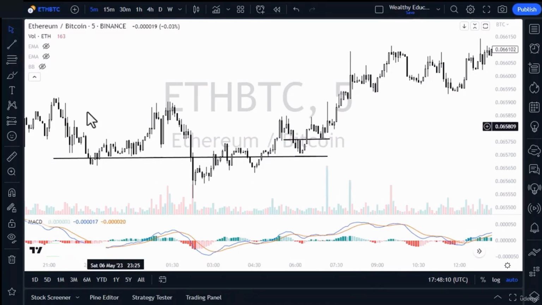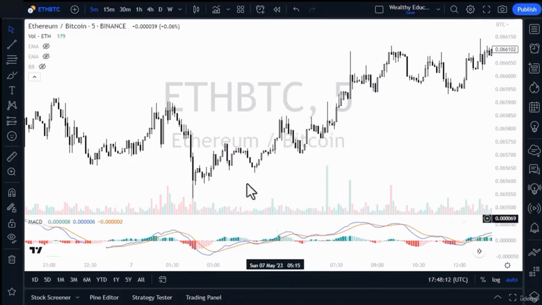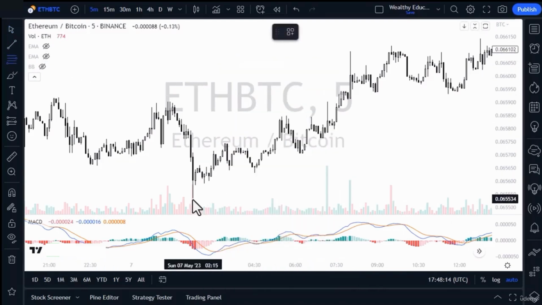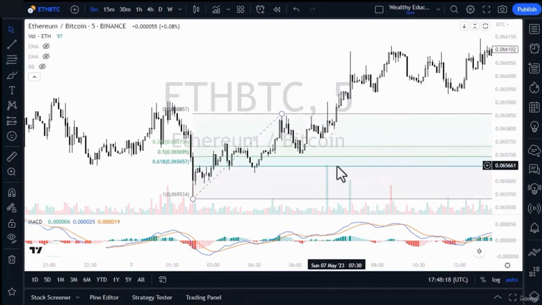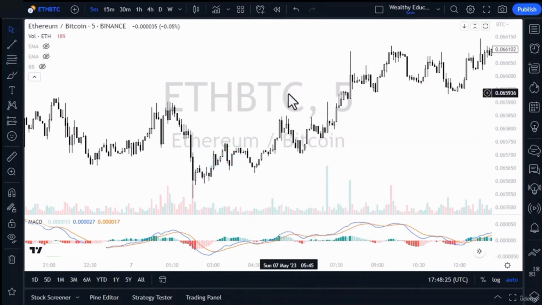With that, I'd be interested. Go ahead and get rid of the lines, and let's take a look at the fib. And you can see it's right around the 50% fib. So, again, it's a matter of adding all these things together and coming up with a decent trade.